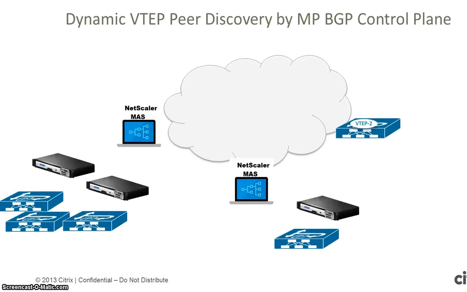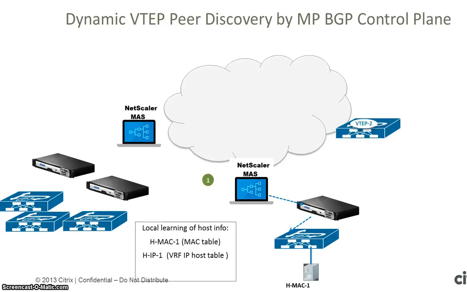In this demo, we are trying to configure a service from the MAS to the NetScaler. Also, the MAS will push the address and the MAC reachability to the peer BGP route reflector.